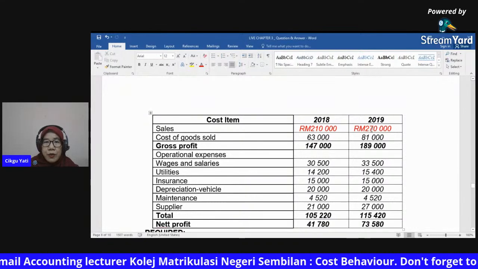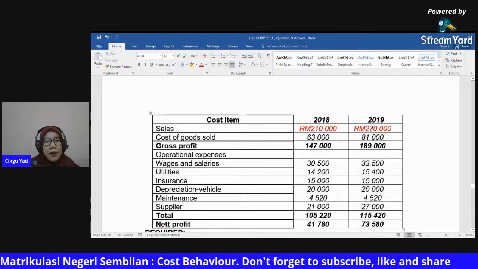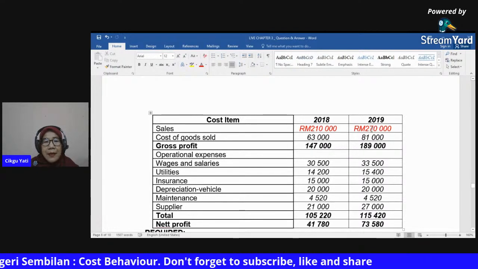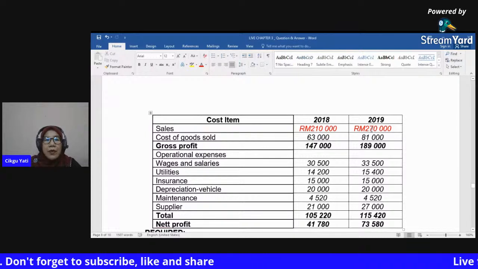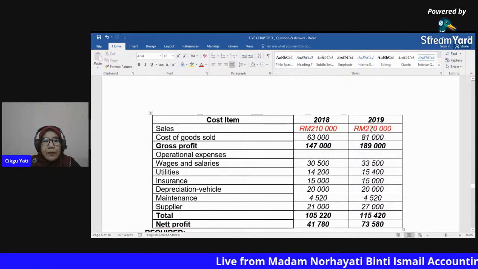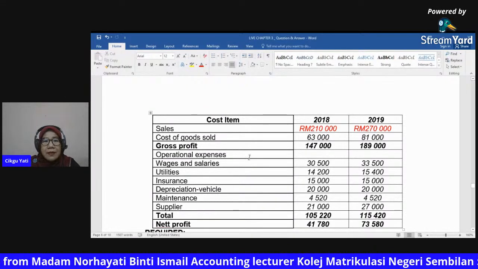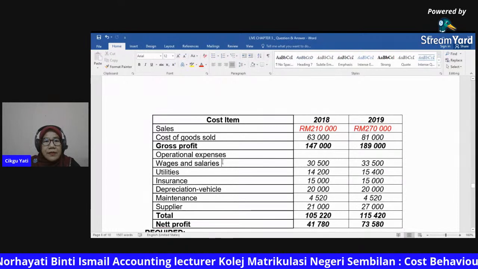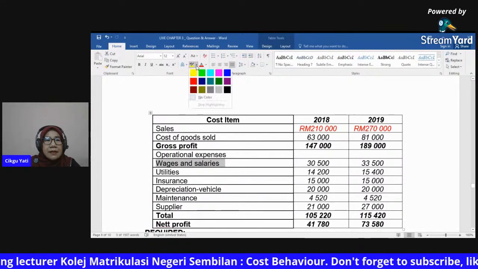So what should you do? You must calculate sales in unit. That one represents the level of activity. Okay, later we will calculate. Okay, now we just want to identify whether that one is variable or fixed. Okay, this one we look at. This is the item. Okay, let's see, I take this color.